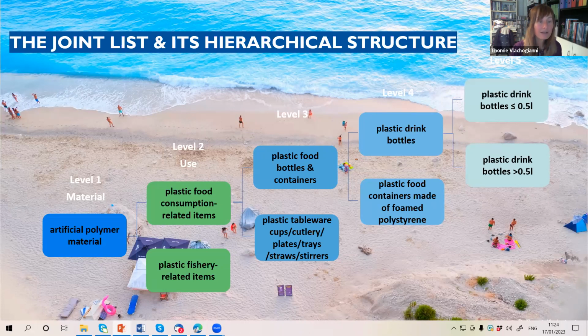And then at the fourth level, we can go even further to specify a different type of container, whether this is a drink bottle or a food container made of foam polystyrene, and even more, at the fifth level, we specify the size or the volume of this litter item.